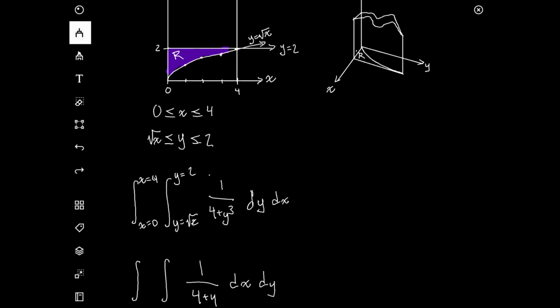Now that we're looking at y first, we're going to look at whatever function comes on the outside first. So y goes from 0 to 2. We're going to iterate along y, going 0 to 2.